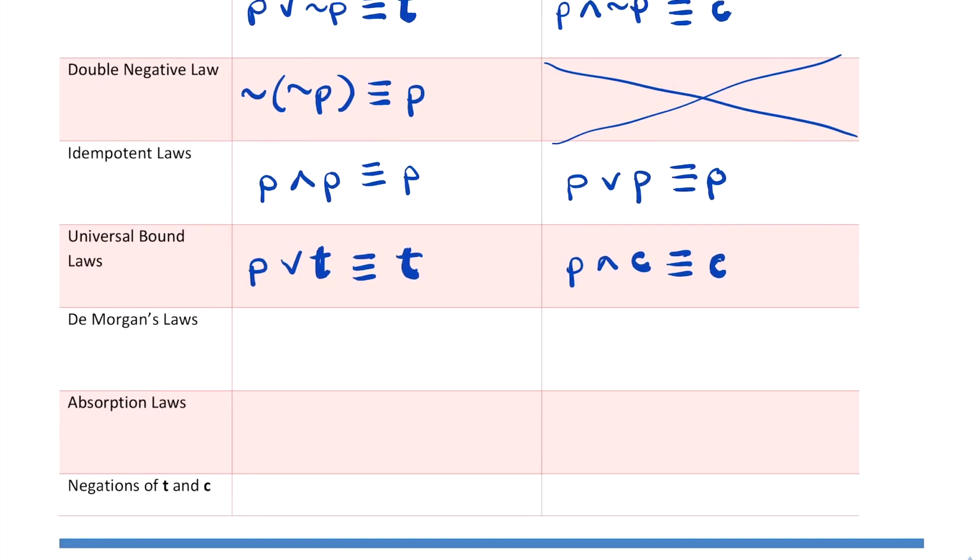We talked about De Morgan's laws. So if you're negating a conjunction, that's logically equivalent to the disjunction of the negations.